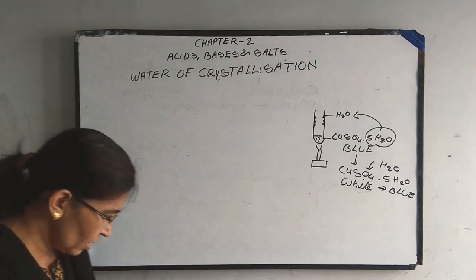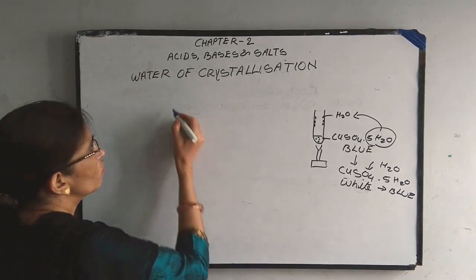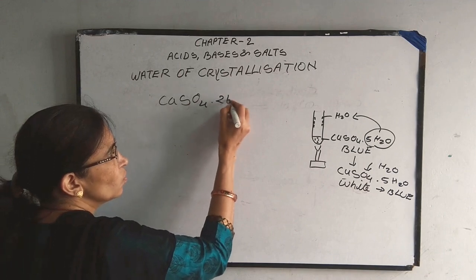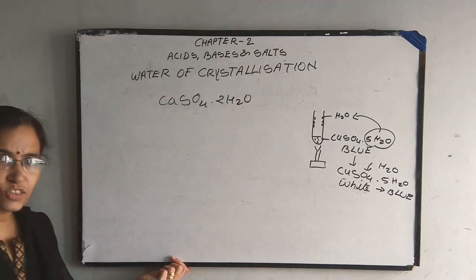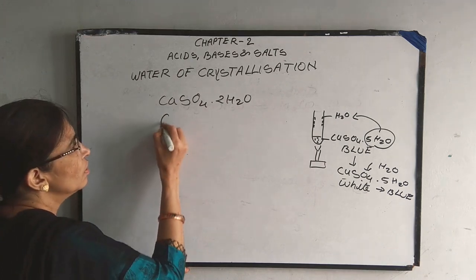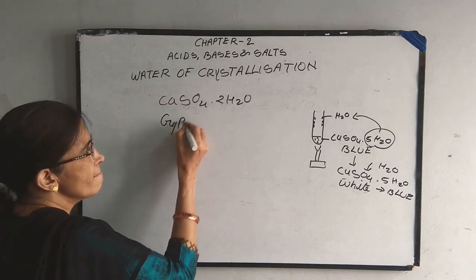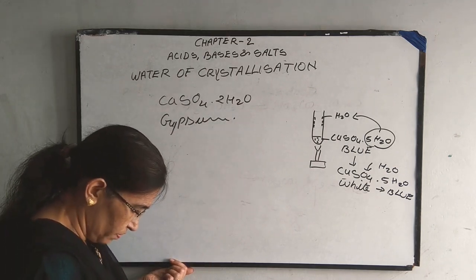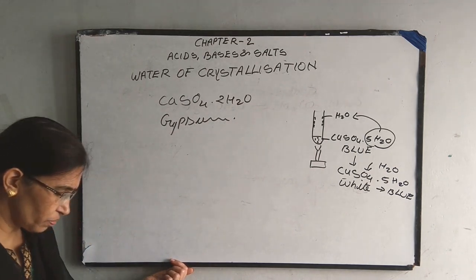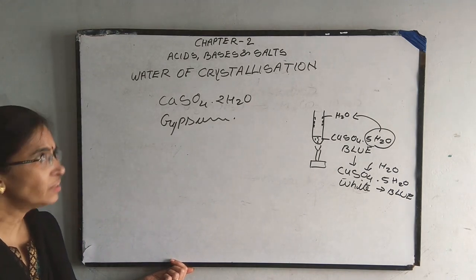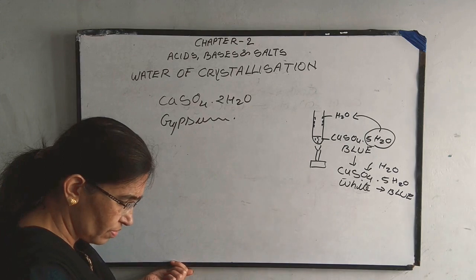Another example is CaSO4 dot 2H2O, which is known as gypsum. What is the formula of gypsum? CaSO4 dot 2H2O. We call it gypsum.